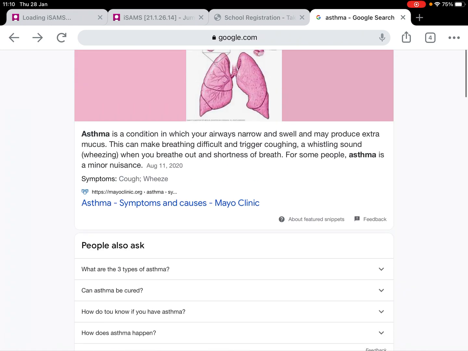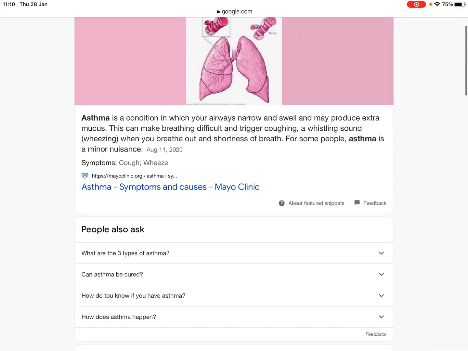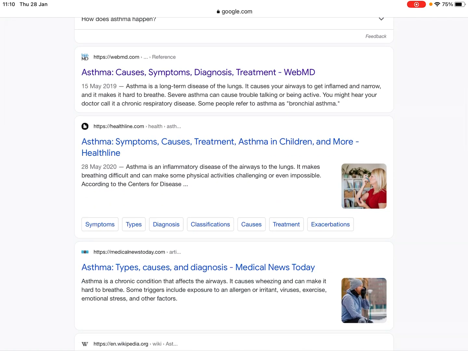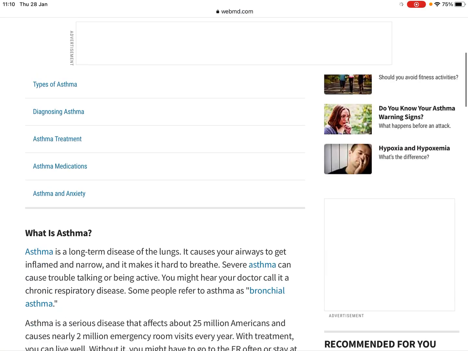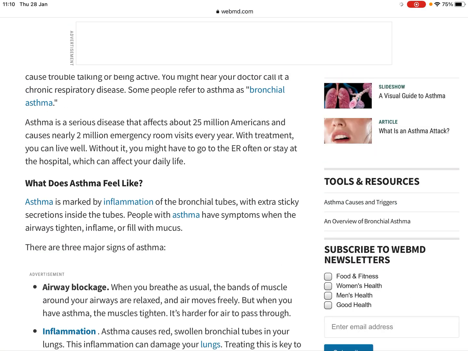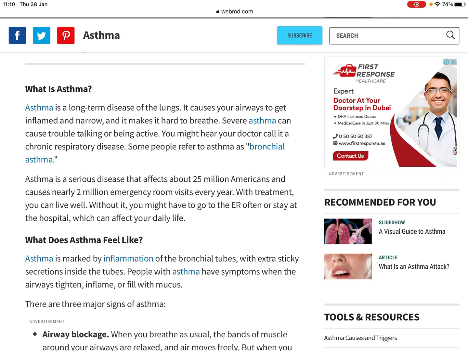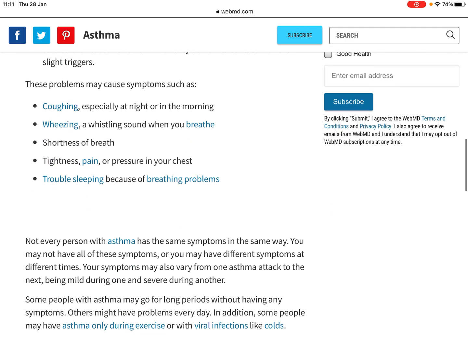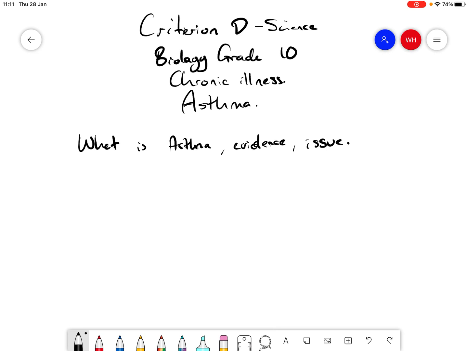When I Googled it, Mayo Clinic had a nice image and an explanation, so I'll include that, and then use WebMD as my evidence that there is a problem, because it says here that 25 million Americans are affected by it and 2 million emergency room visits per year. So I explain it. That's part one: you explain the issue and give proof that the issue exists.